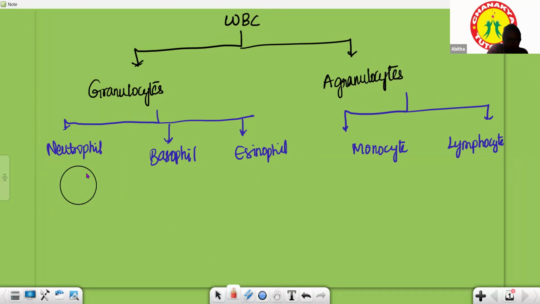It is a multi-lobed nucleus. As it is a granulocyte, you can see some granules like this.